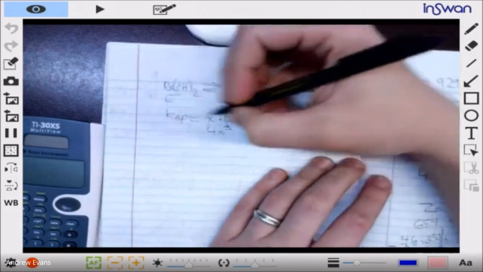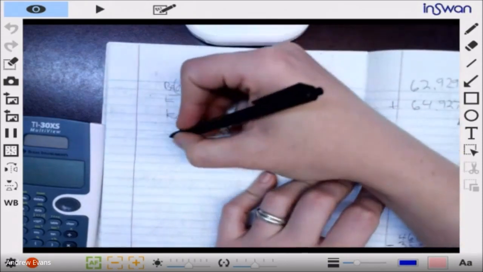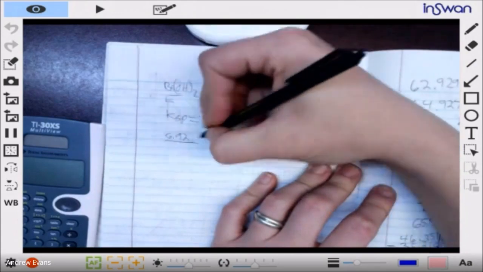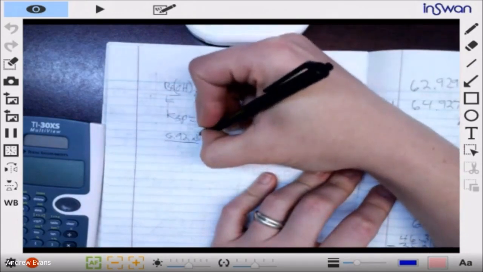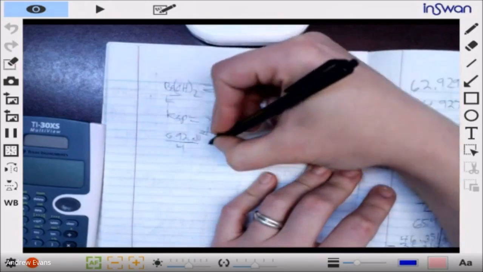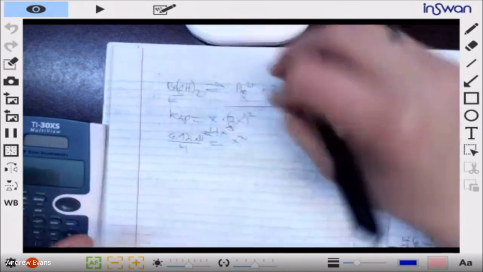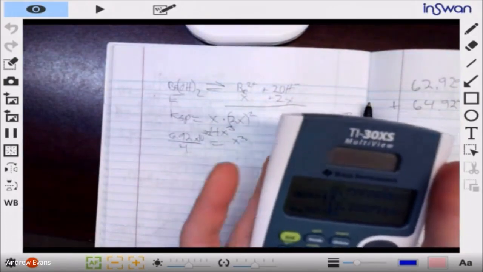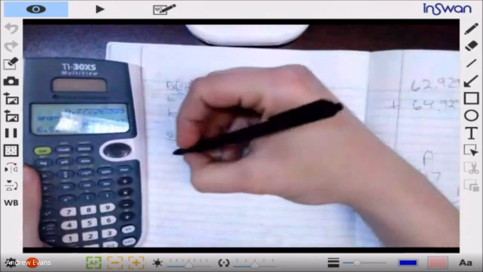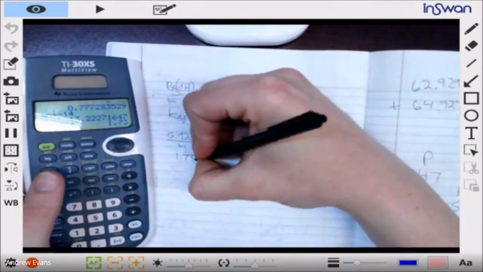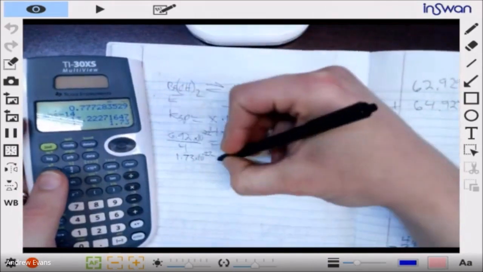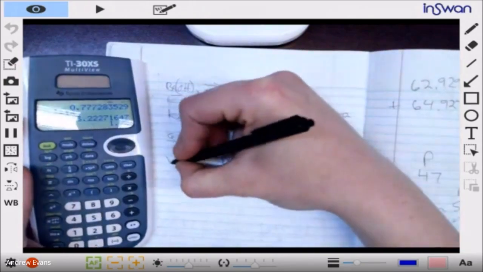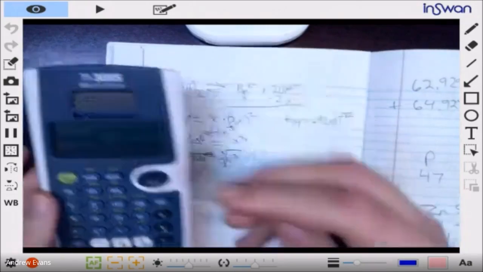To get the x, we're going to first take our 6.92 and divide that by 4 to get x cubed. Dividing by 4 should give us 1.73 times 10 to the negative 22nd equals x cubed. Next we're going to cube root both sides, and that will give us x.